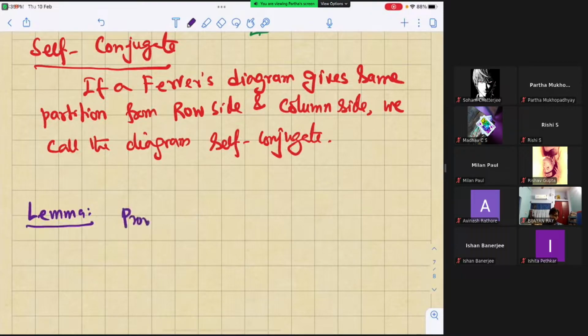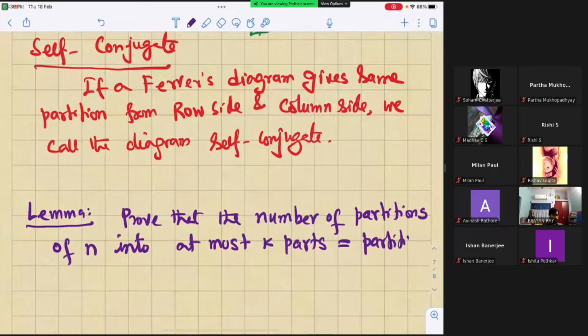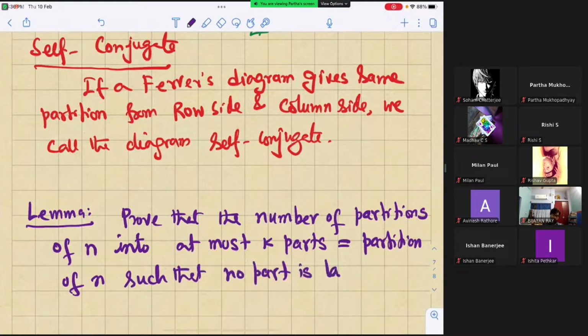Prove that the number of partitions of n into at most k parts is equal to the number of partitions of n such that no part is larger than k.